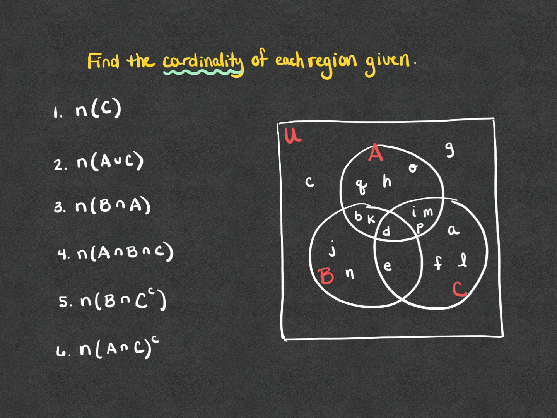And as a reminder, the cardinality is the number of elements that are in that particular region. So in the last example where we listed all of the elements, here we're going to be counting the elements. And the way we know the difference is if you notice on all of these, we have this little N. That represents the cardinality.